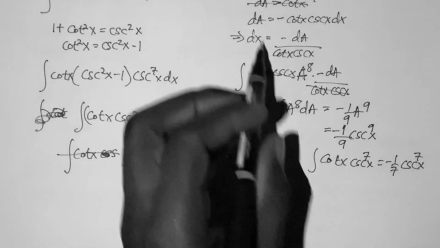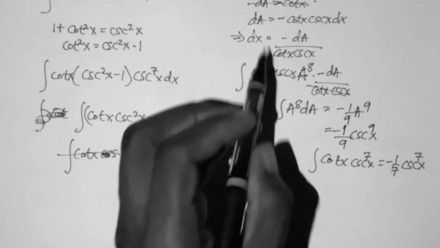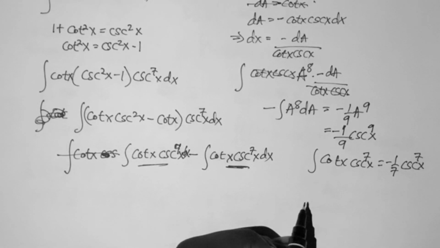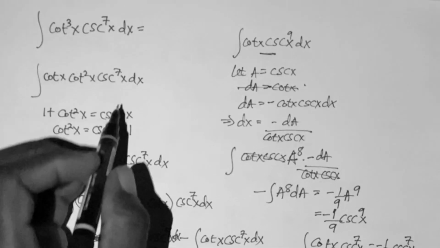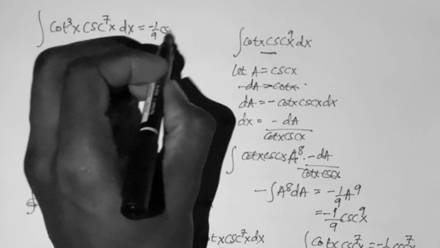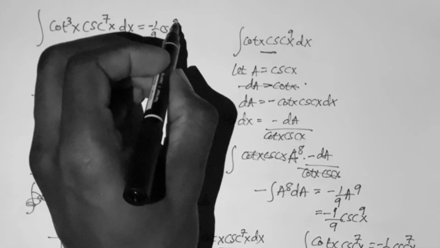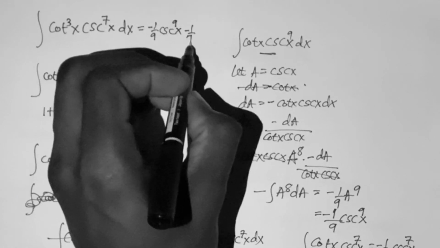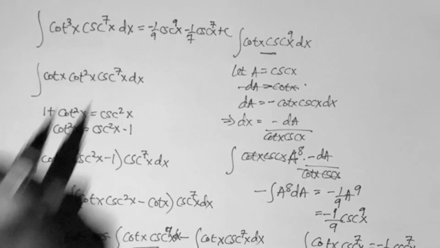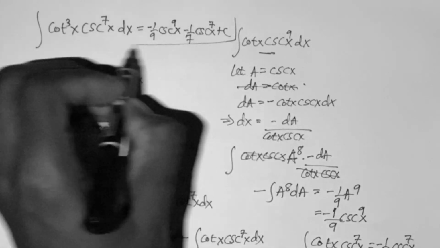I don't want to bore you with the same proof. If you go through all of these steps, you will get this answer. And therefore, this is equal to minus 1 over 9 cosec x exponent 9 minus 1 over 7 cosec x exponent 7 plus c. So this is the final answer.